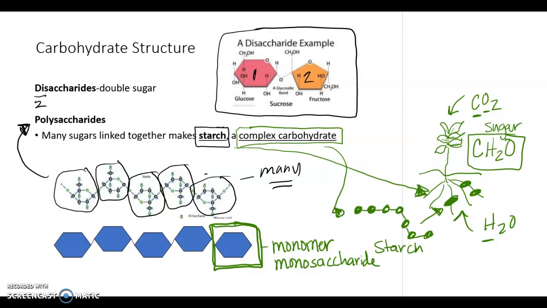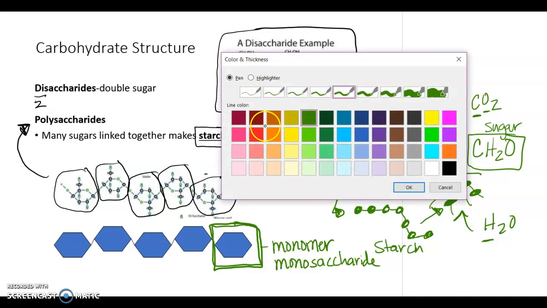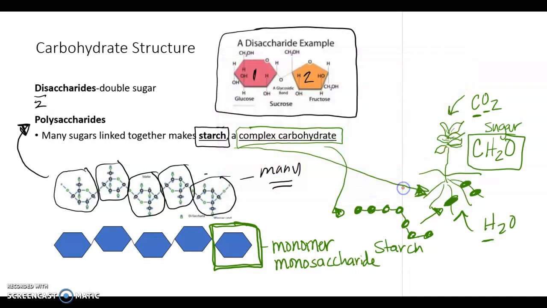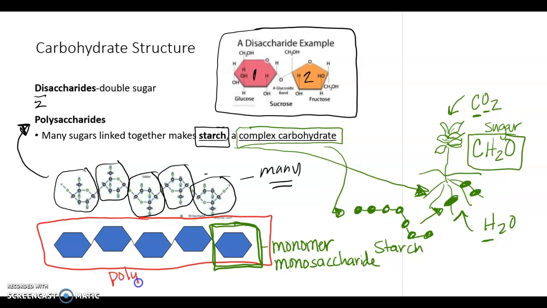When we look at the whole group together, I'll change color here just so we can distinguish between, but when we look at the whole chain, all these monomers joined together through dehydration synthesis, then we have many sugars, a polysaccharide.